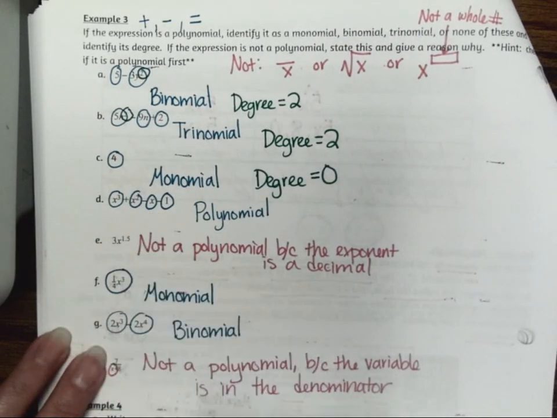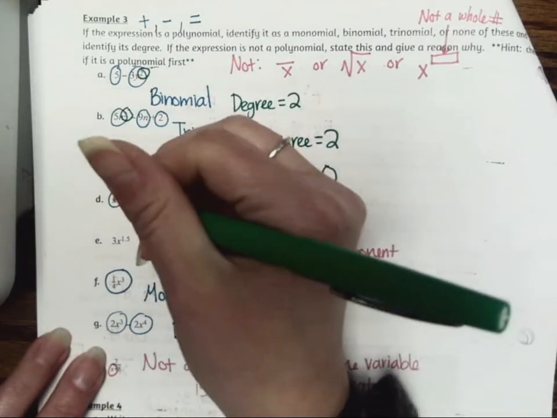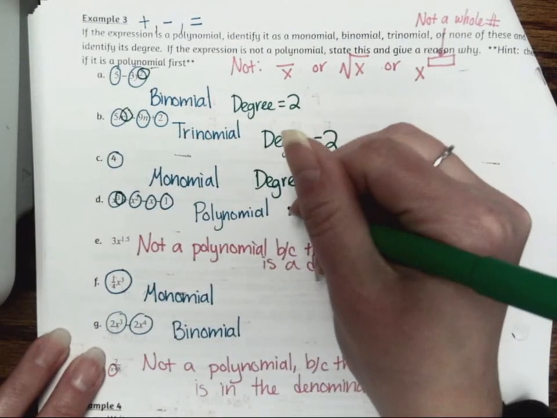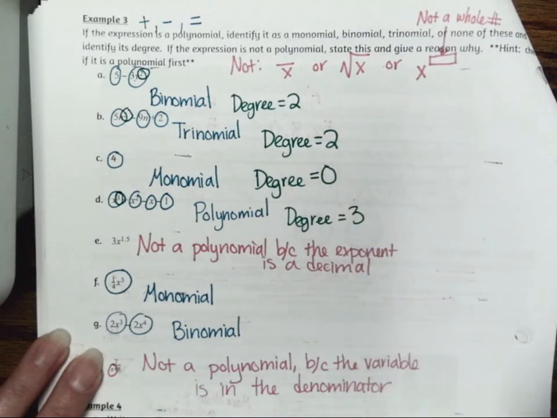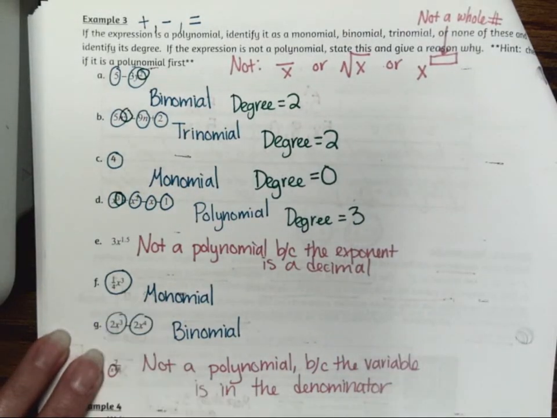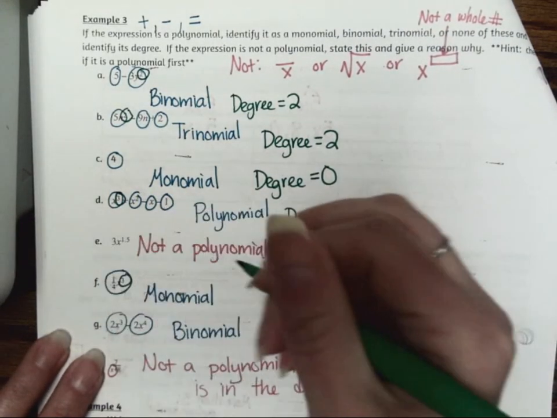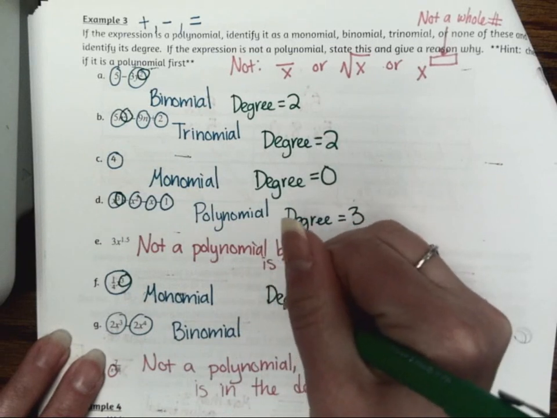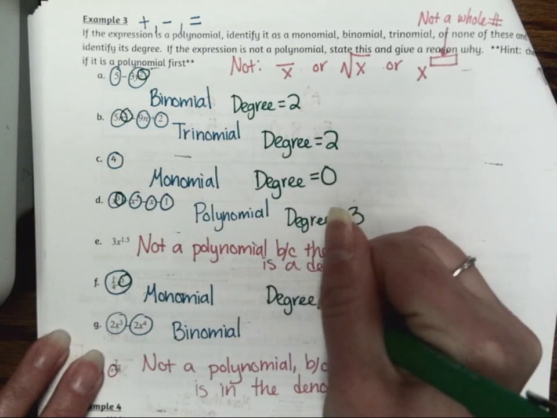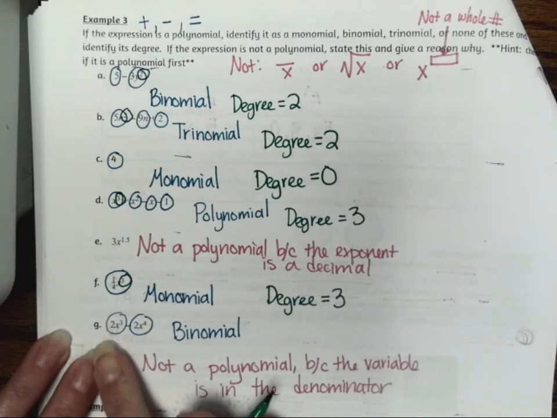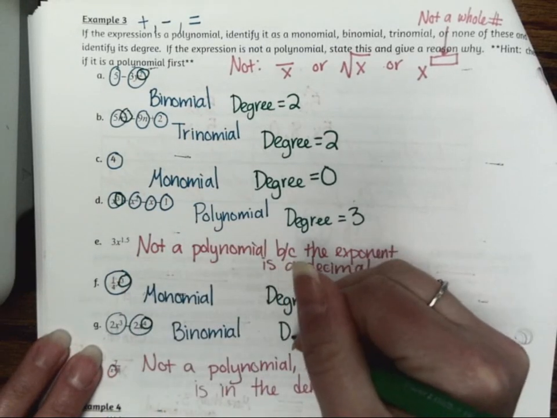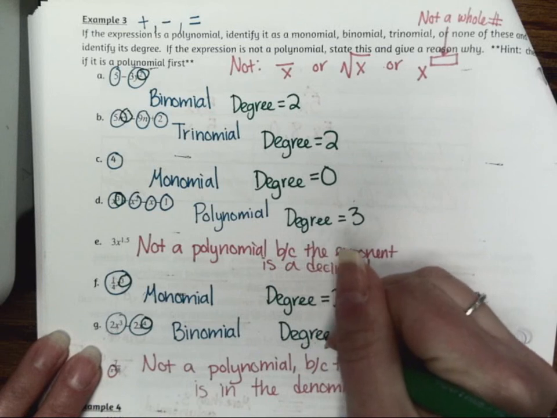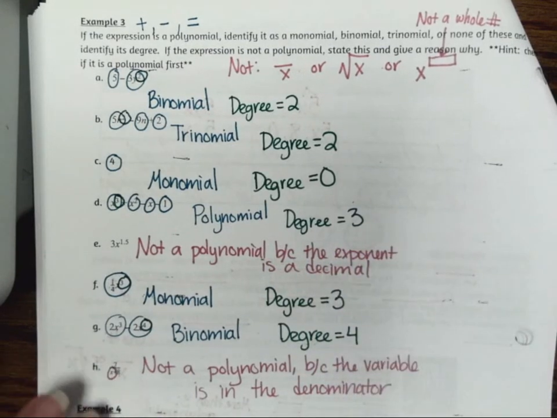For this one, the largest exponent that we have is 3, so the degree is 3. For F, we also have a degree of 3. And for G, the largest exponent is 4.